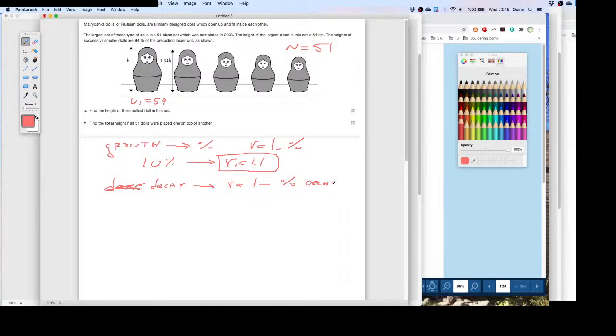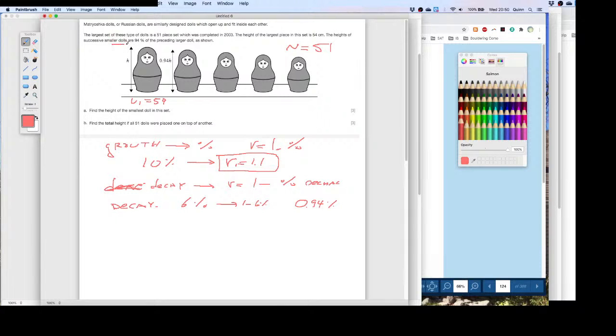As an example, let's imagine these dolls were decaying or getting smaller by 6%. Well, that means they have 1 minus 6%, or 1 minus 0.06, left, which means they will always have 94% left of their height if you reduce it by 6%. But in this question, they don't say that it's decaying.